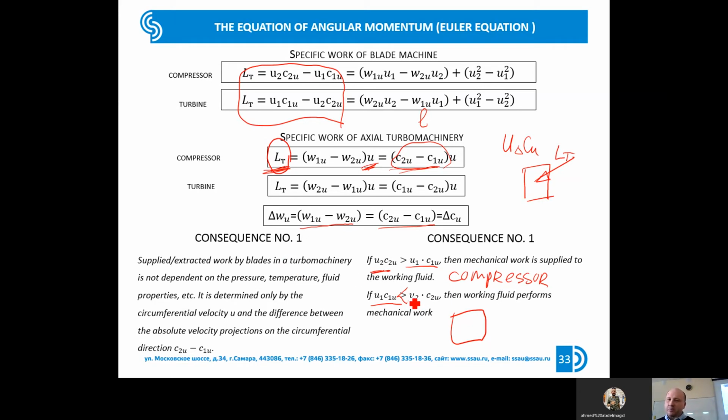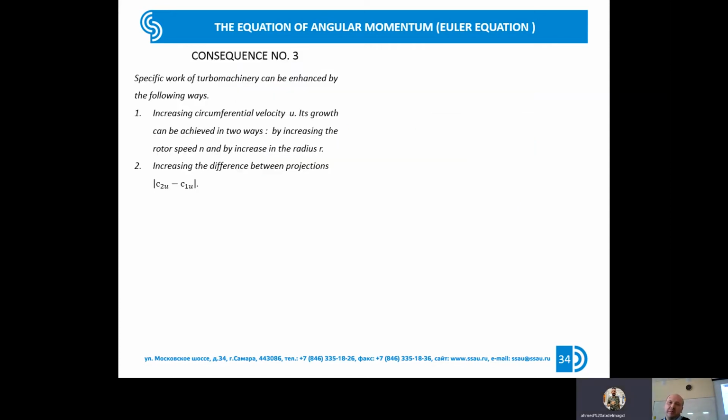If you calculate the turbine and you have the sign less, it usually indicates that you have mistakes.